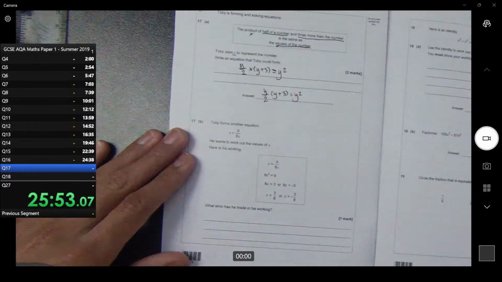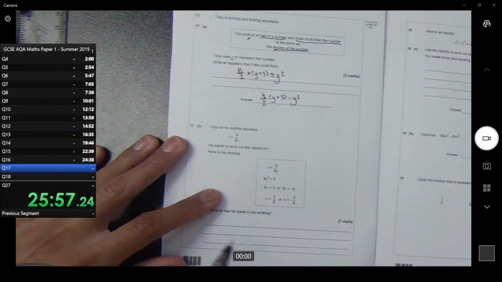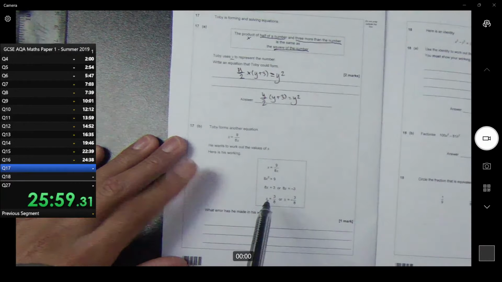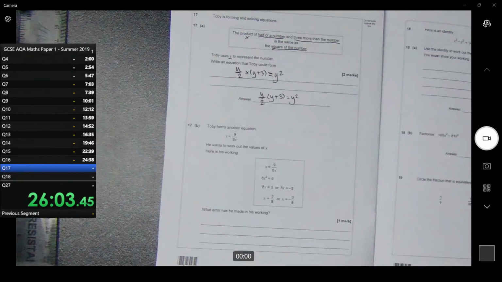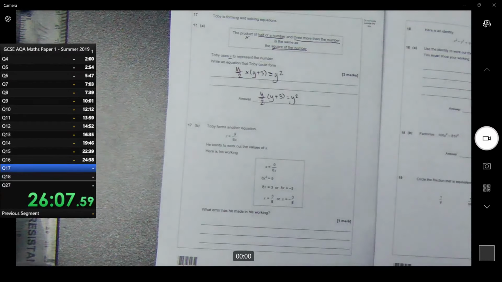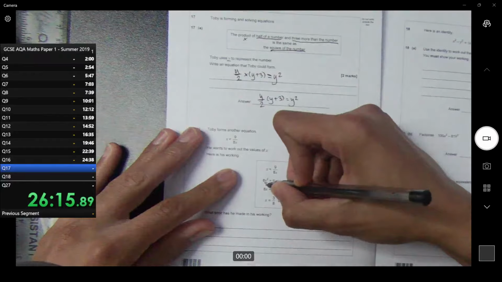Now, part B, we formed another equation. Now, let's see. Right. So what errors were made in this working? The actual thing you did wrong was going from here to here.